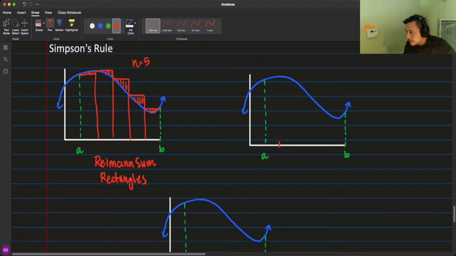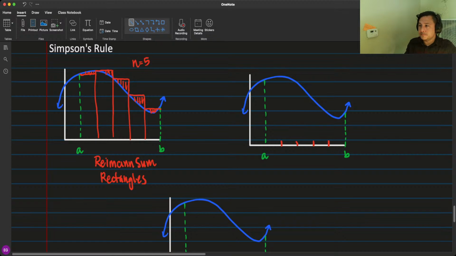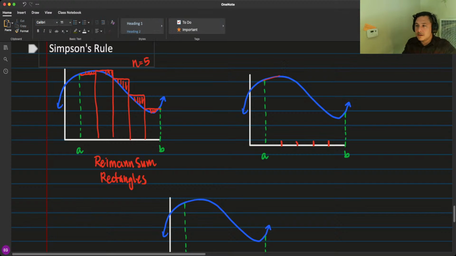Well, we had it split into 5 parts. 1, 2, 3, 4, 5. Okay, so the brilliant idea was, instead of using rectangles, why not use trapezoids? And the cool thing about using the trapezoids is that they follow the function sort of well, right?